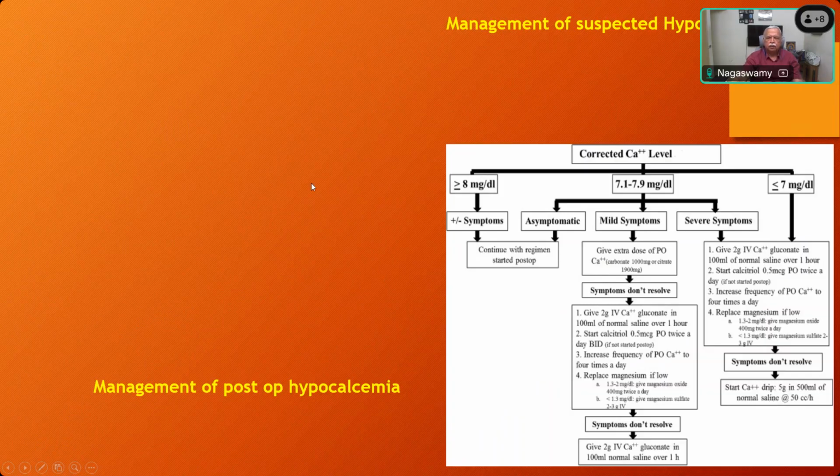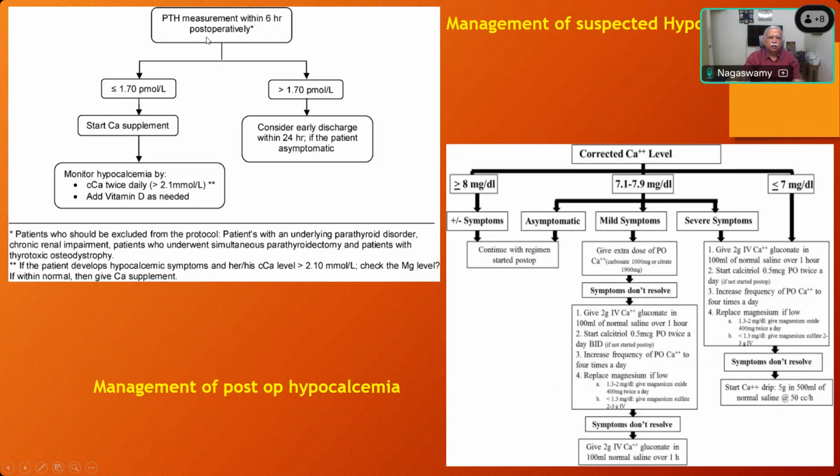Whereas if you suspect hypoparathyroidism because of excision of the parathyroid, you can measure parathormone within 6 hours post-operatively. If the value is less than 1.7 picomoles, then start calcium supplement, monitor for hypocalcemia, and add vitamin D also.